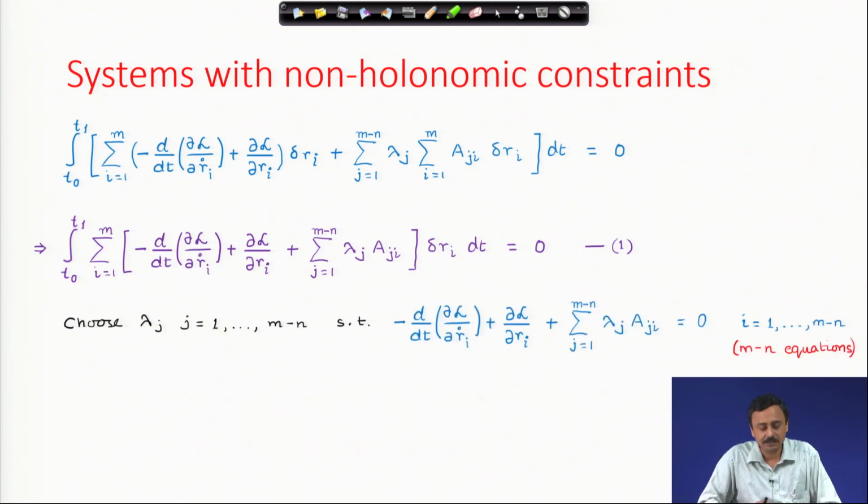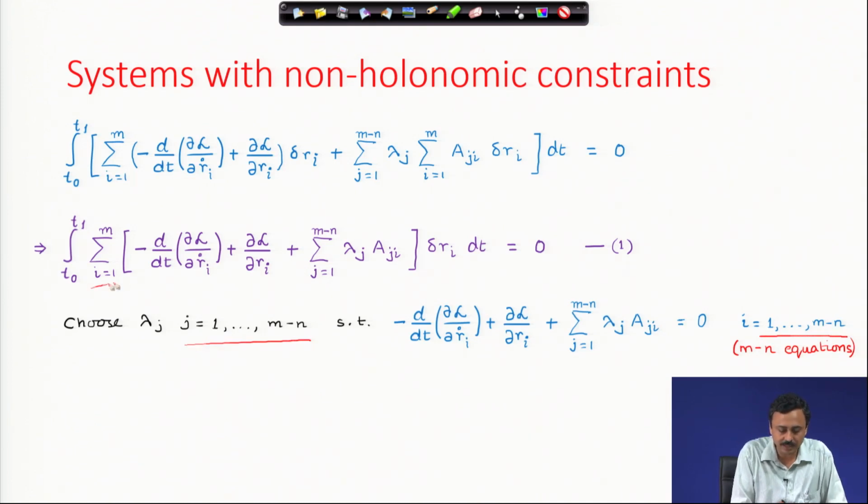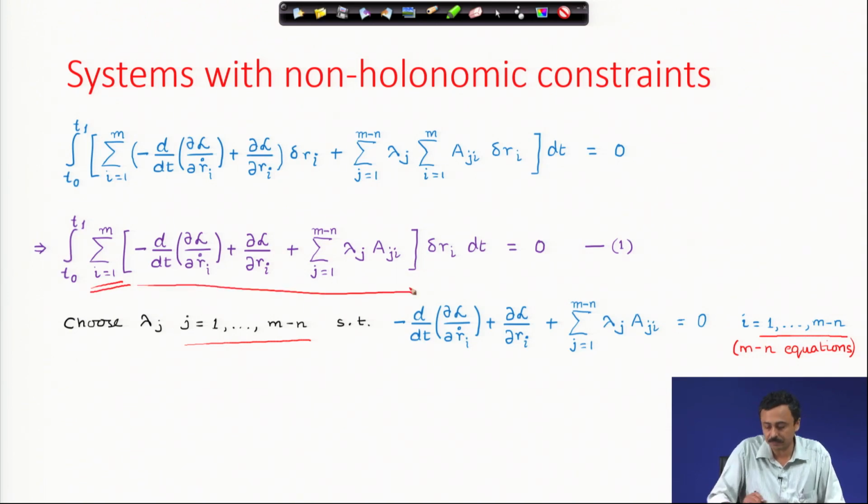We choose lambda_j's, j from 1 to m minus n, such that, let us say for i equal to 1 to m minus n, because I have m minus n choices of lambda, in this summation from i equal to 1 to m minus n those coefficients I put to 0 by special choice of lambda, and I suppose we can do that.